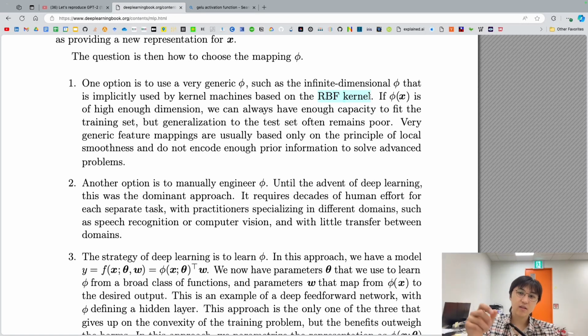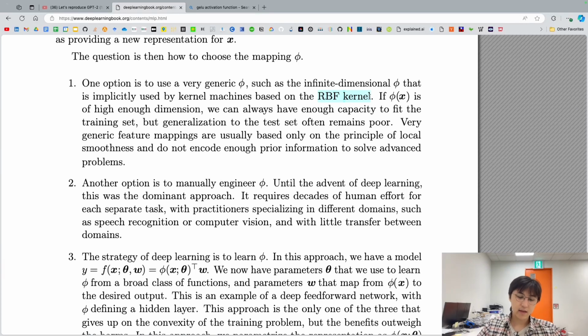But the problem with this solution is that even though we successfully fit the training set, we transform the training set and train the model, it often remains poor on the validation and test datasets. Which is not a very good thing, because these RBF kernels are complex, and they will increase the capacity of the model, and it will also introduce some extra generalization problems.